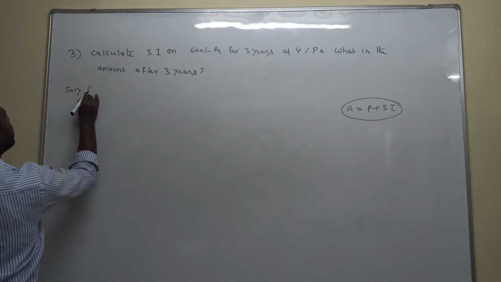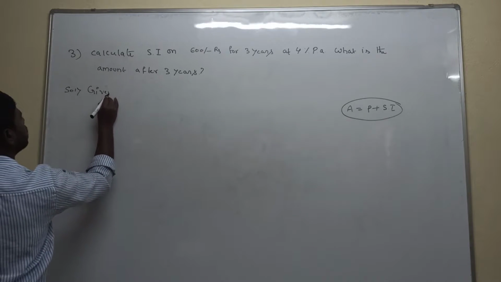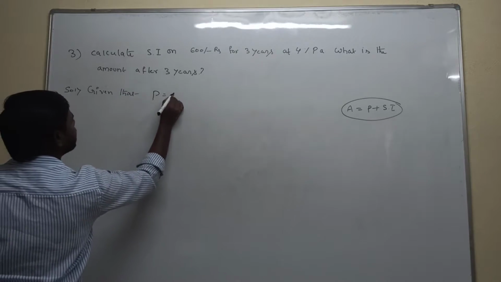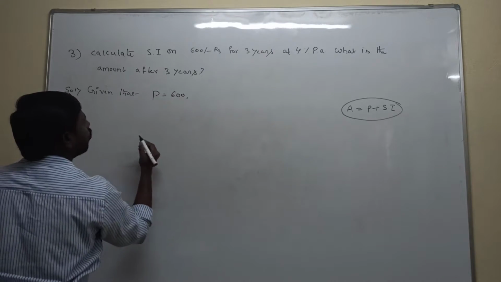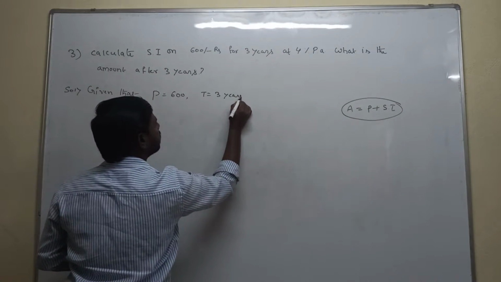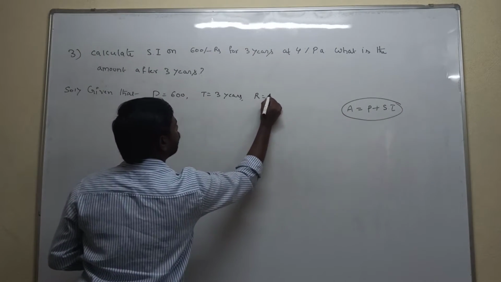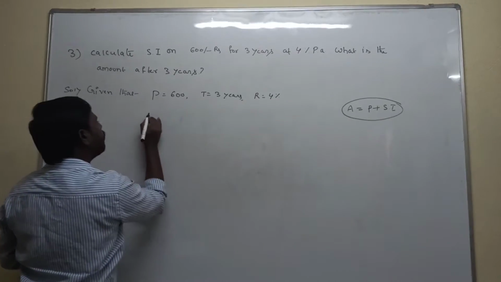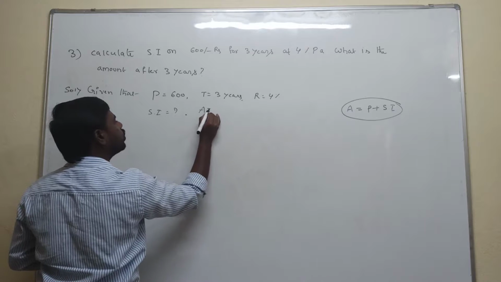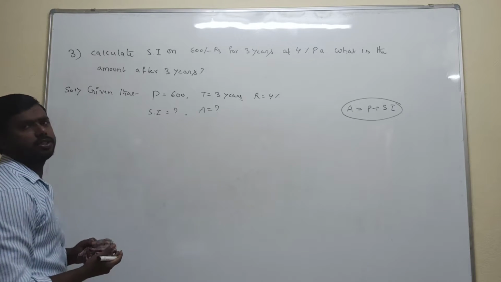Given that, what is the principal amount? 600 rupees. What is the time? 3 years. What is the rate of interest? 4% per annum. First we calculate simple interest, after that the total amount after 3 years.